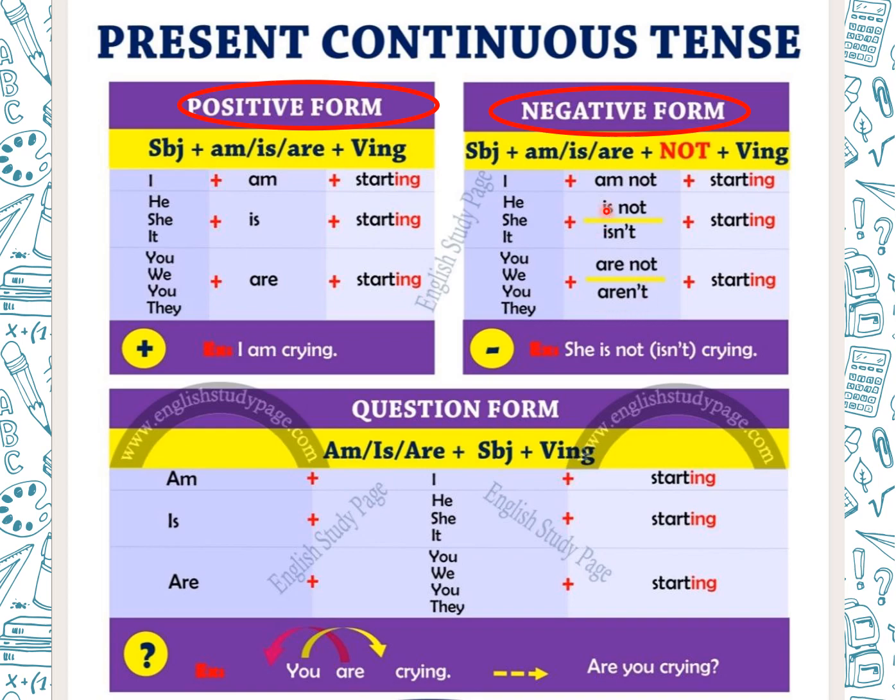Am not tak ada, am not kekal, I am not starting with you. Alright, so this is the negative form. Negative ada not, positive tak ada. Ini basic dia.